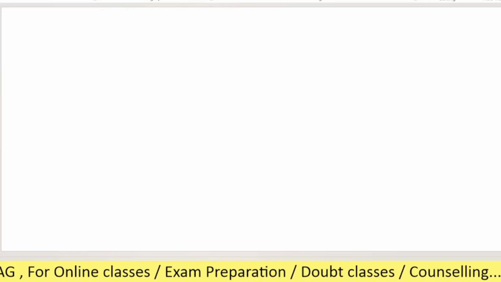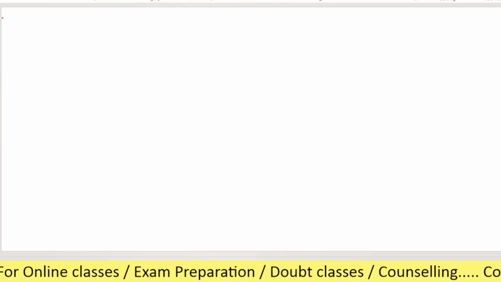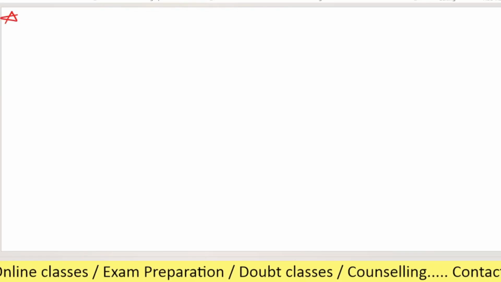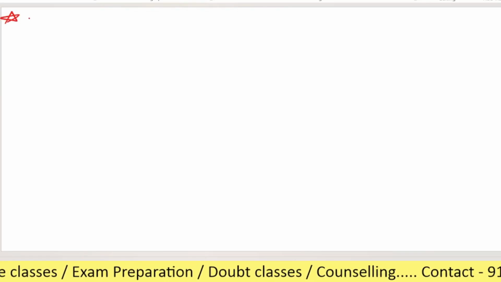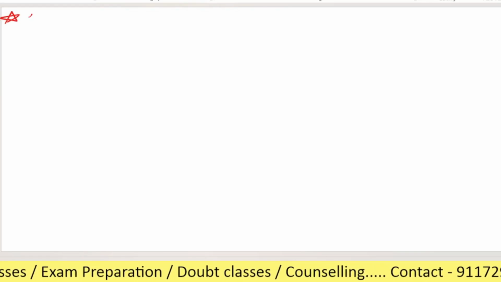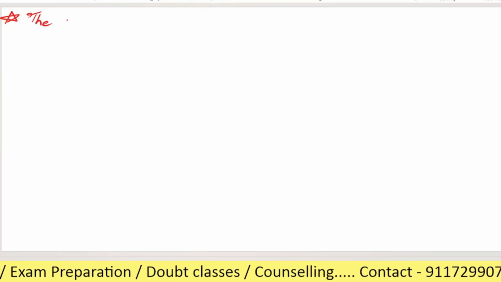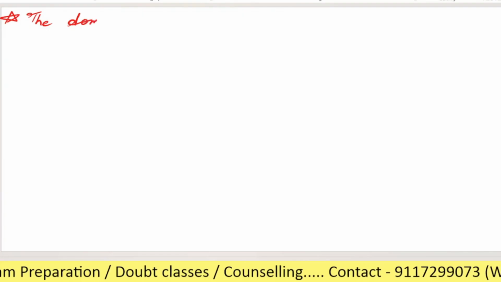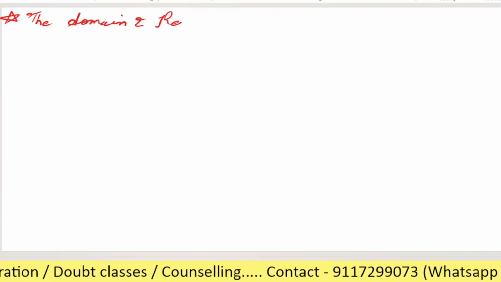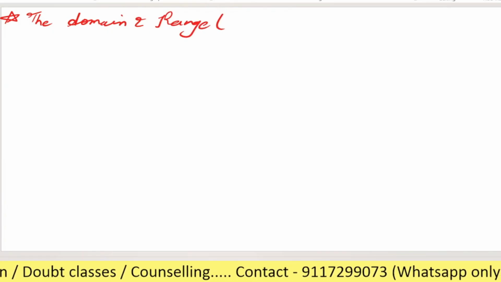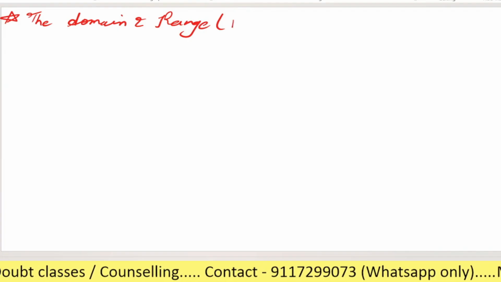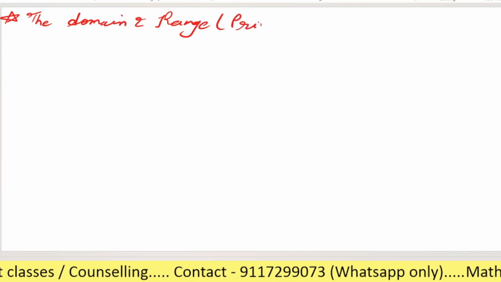You can give the heading, if you want to write it: the domain and range in brackets, principal value function.